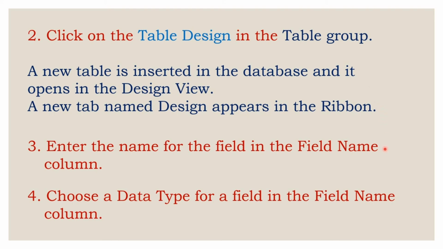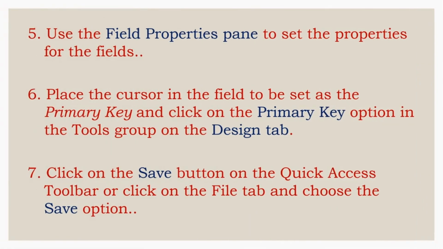Third step, enter the name for the field in the field name column. After that, choose a data type for a field. Use the field properties pane to set the properties for the fields.